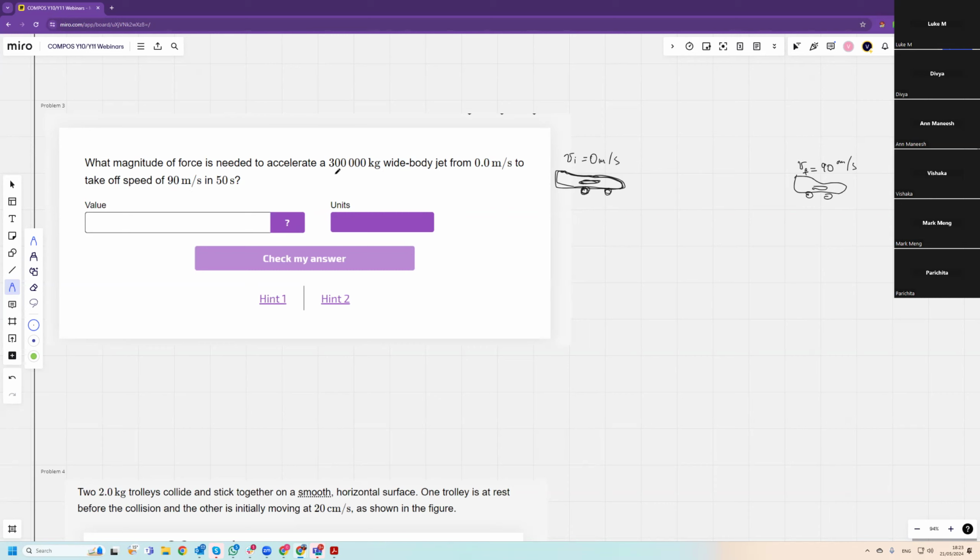The mass is 300,000. So the initial momentum is 0 multiplied by 300,000, which is 0. The final momentum is 300,000 times 90, which is something ridiculously big.